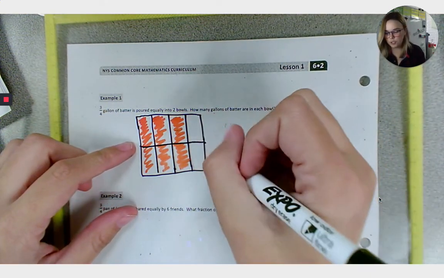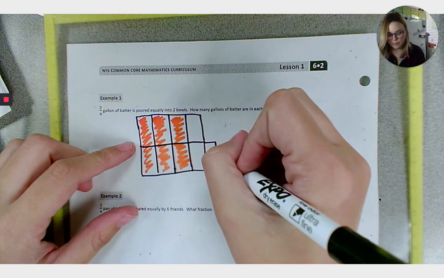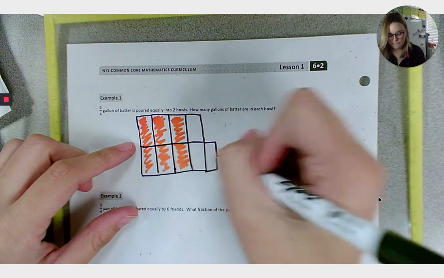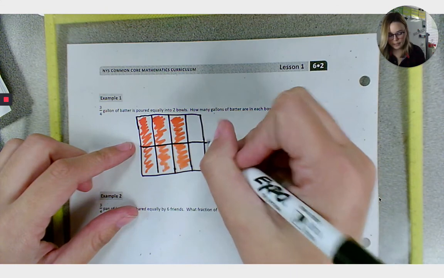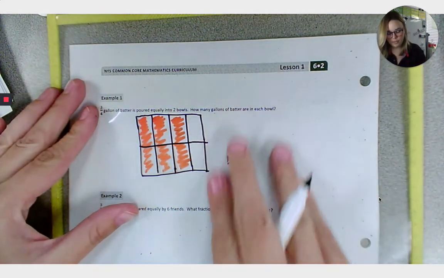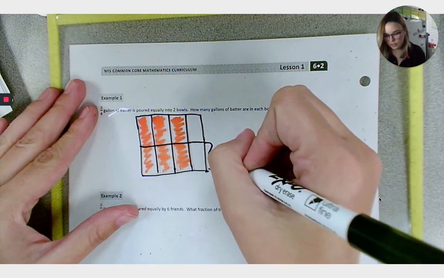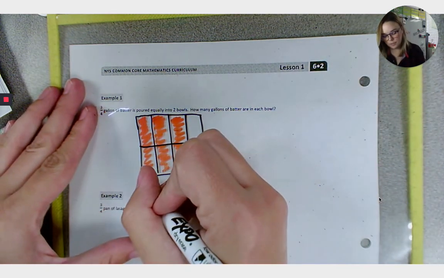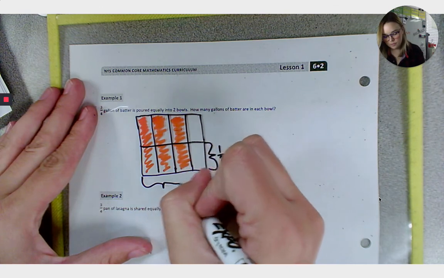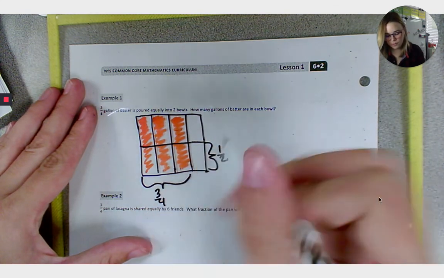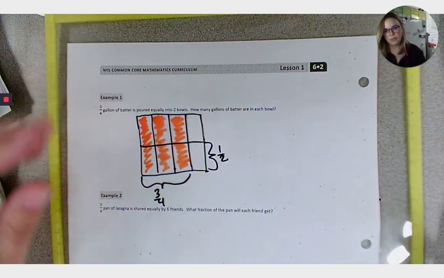So now we're just looking at this 1/2. Right, this is just 1/2. Let me rewrite this a little bit differently. This is 1/2. So this part was 3/4. This section is 1/2.